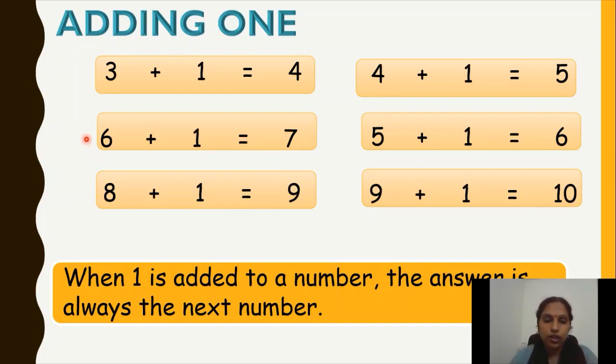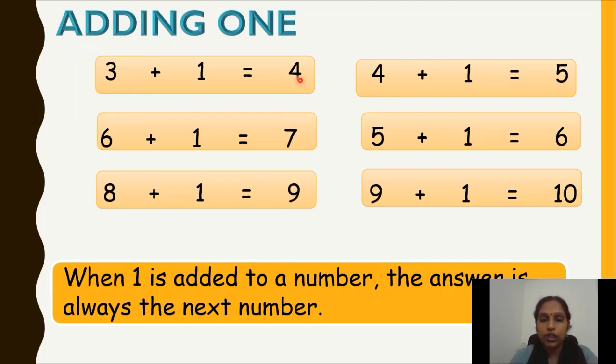Okay, I will tell you. See, when you add 1 to 6, we are adding 1 with 6. The answer is the next number of 6, that is 7. So we added 1 to 3. We are adding 1 with 3. So what is the answer?